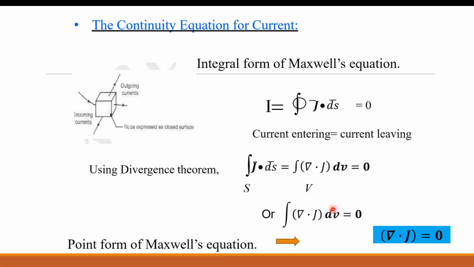So del dot j bar is equal to 0. This is called the point form of Maxwell's equation derived from the continuity equation: divergence of current density, del dot j bar, is equal to 0.